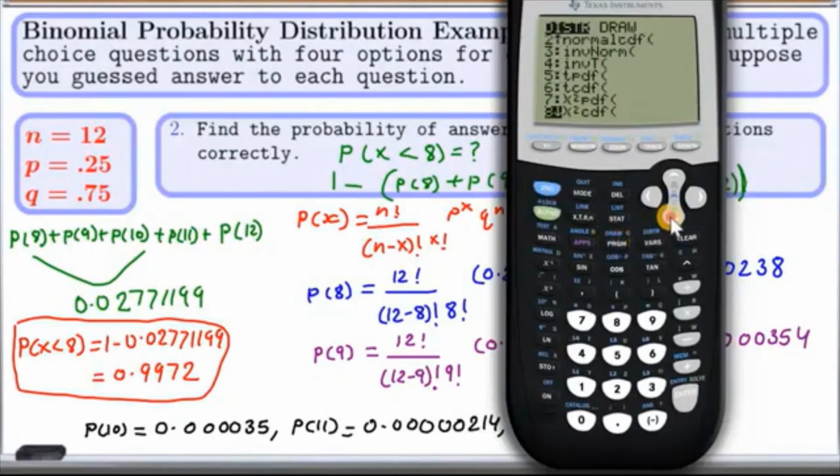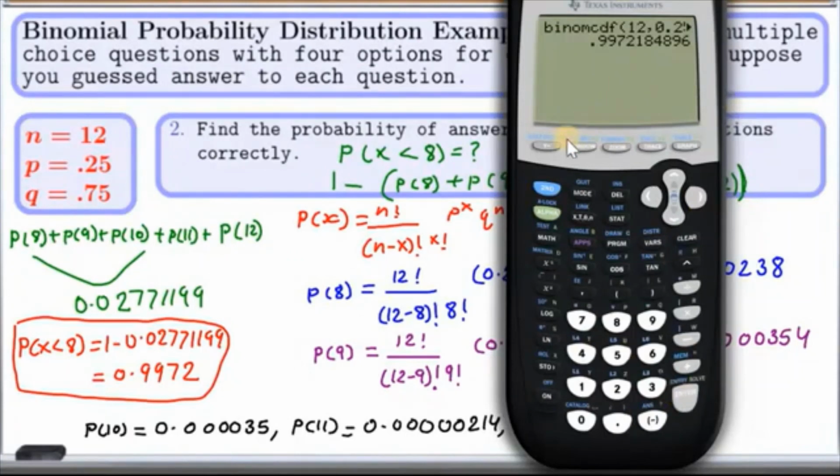Use this arrow key to go all the way down here to binomial CDF, then hit enter. So our trials is 12. Our p is 0.25 and our x is 7. Then hit enter. So we got this number using calculator, which is exactly the same as what we got using formula.